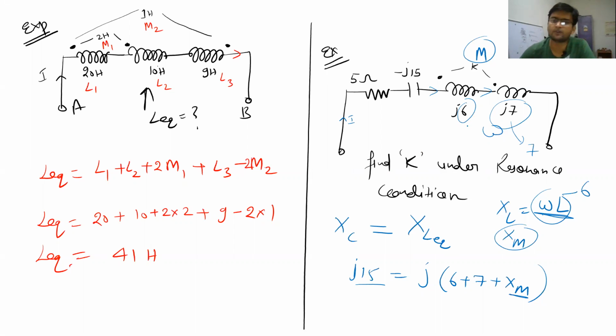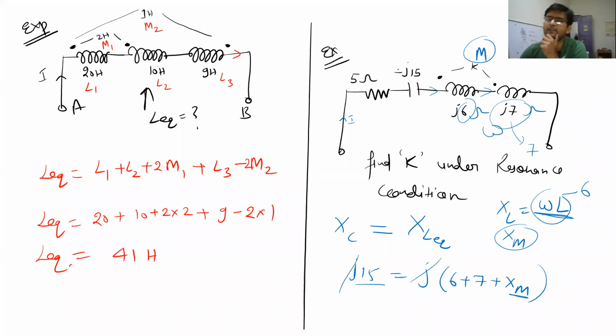So the unit for these things is basically ohm only, right? So you can cancel out J from both the sides. So I think it is clear that under resonance condition, the capacitive impedance, which is J15, and the inductive impedance, which is the summation of all the inductive impedances like J6, J7, and because of this M, let me call it XM, should be equal.